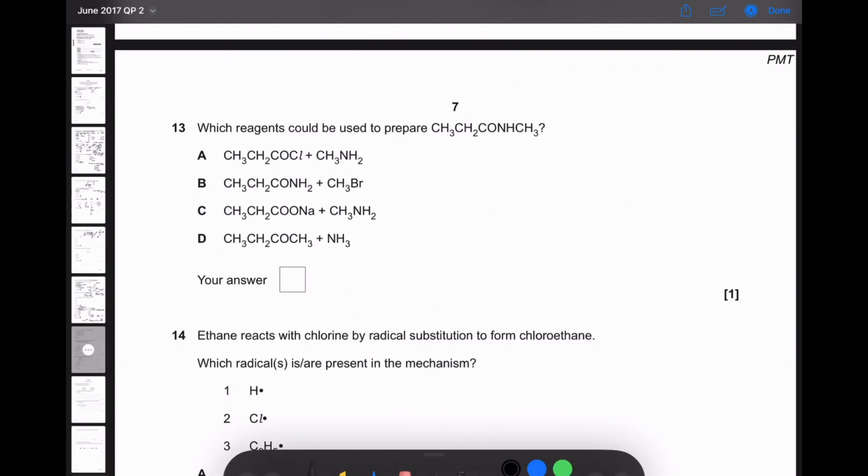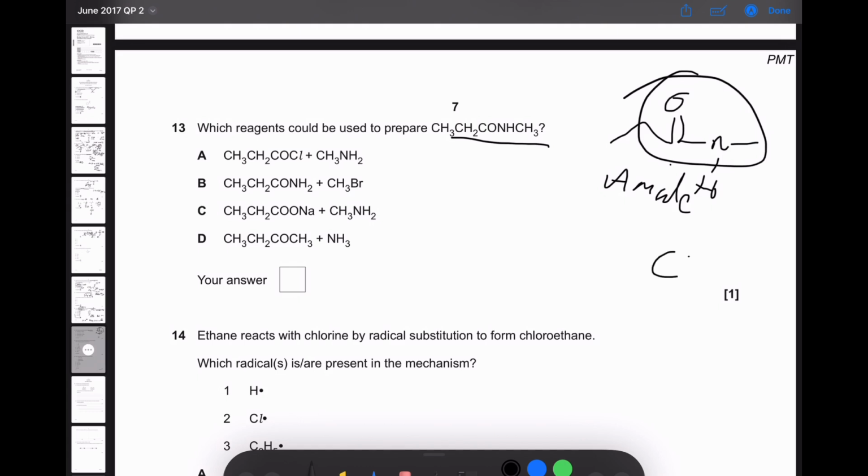Which reagents can be used to prepare this molecule here? Well, if we draw this molecule out, we get that. And this is an amide with a D rather than an N, because the carbon is double bonded to an oxygen and then bonded to the amine group.